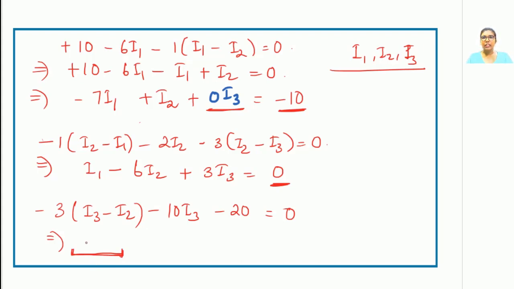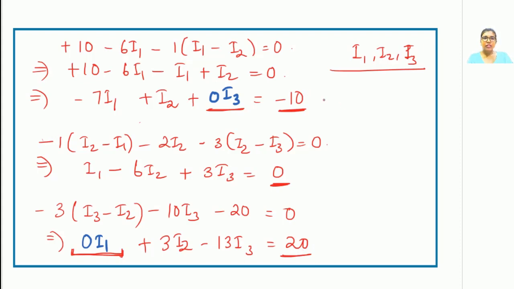Your calculator creates a matrix, and if the matrix values are given incorrectly, you will obtain erroneous results. Since there are no I1 terms present in the third equation, either leave it blank or write it as 0 I1, whatever is convenient for you. Then write plus 3 times I2 minus 13 times I3 is equal to 20. Since there was a voltage source present, we got this value as 20.